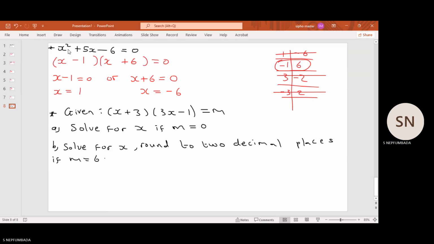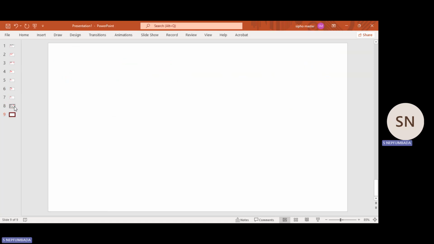So now, as far as we are concerned, when we do a solution, we'll do it on the next page. So when they say solve for x when m is equal to 0, it means on our expression where they say m, we're going to substitute with a 0. And this is going to take us back to our formula of a times b.